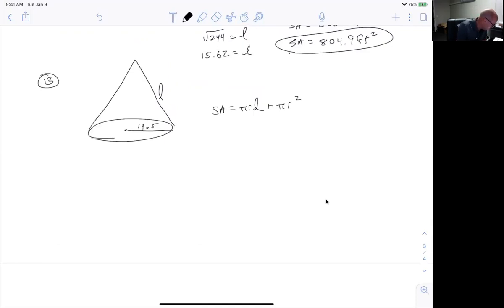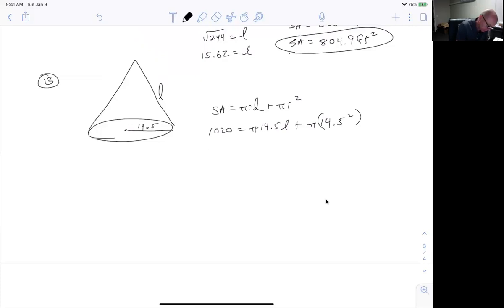It told me the surface area is 1020. So 1020 should be equal to pi times the radius, 14.5, times the slant height, plus pi times 14.5 squared. So I'm just putting in what I know. Now it's just a matter of solving for the slant height L, right?